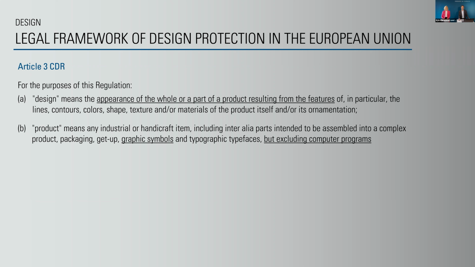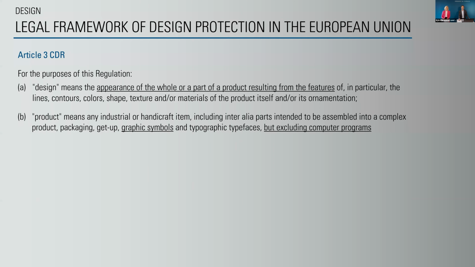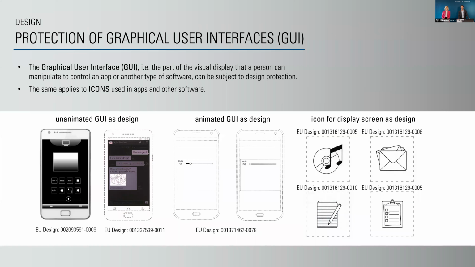It may be different in other jurisdictions, but therefore it's worth to also make registrations on this basis. And the design protection is rather cost efficient. It's rather low cost, because the office does not check whether it's new and whether it has individual character, and therefore the office fees are rather low.